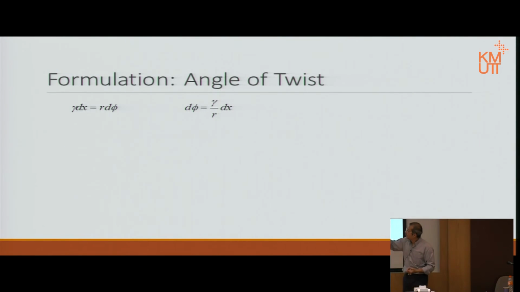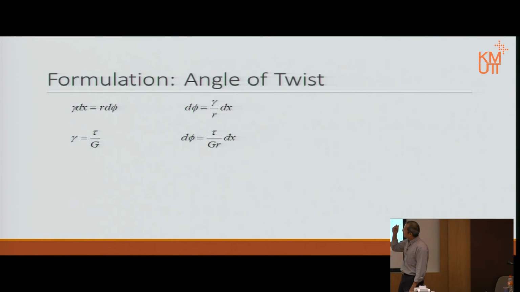In the end, d phi on one side, dx on the other side. When you integrate d phi, it will be with respect to x. As we discussed, the angle of twist changes with x. So this seems appropriate.